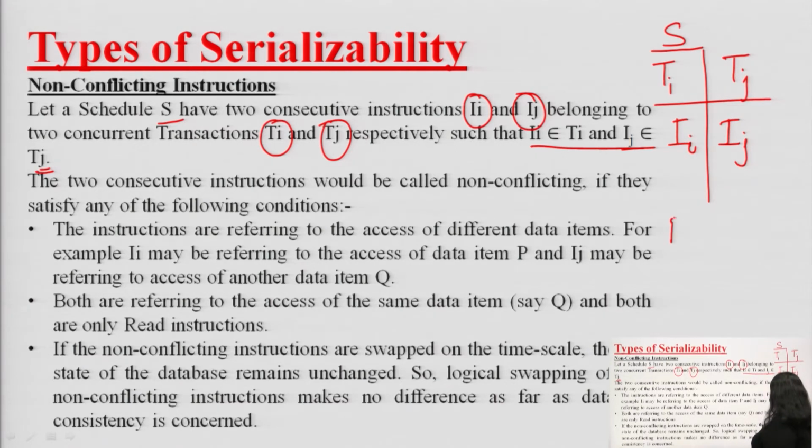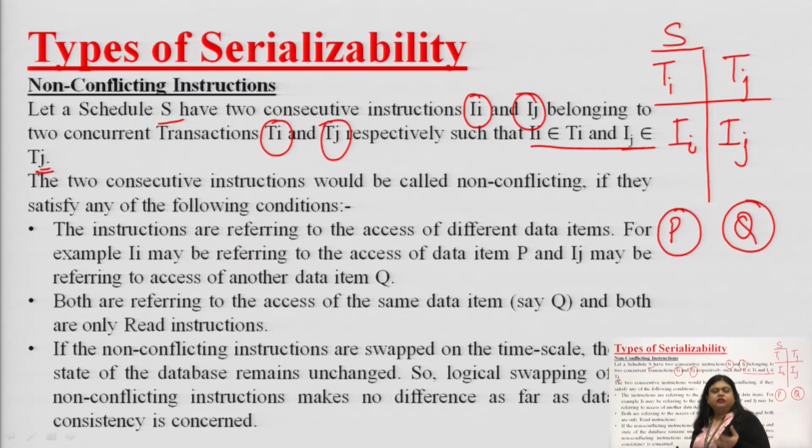Let us say P is a data item and Q is a data item. These are part of the database. So, the instructions are referring to access of different data items. For example, Ii may refer to the access of data item P, so Ii is using P and Ij is using Q.